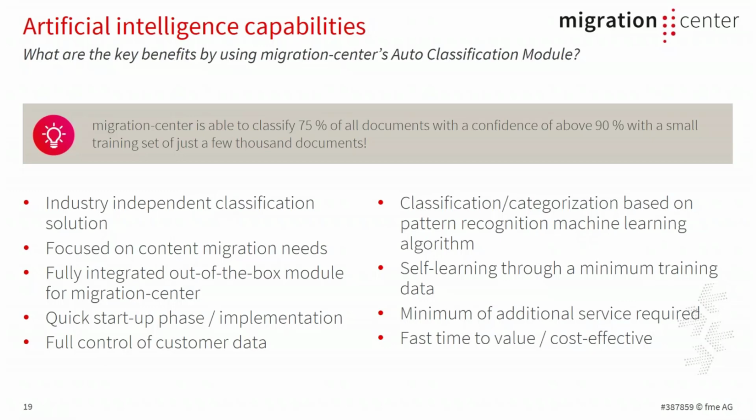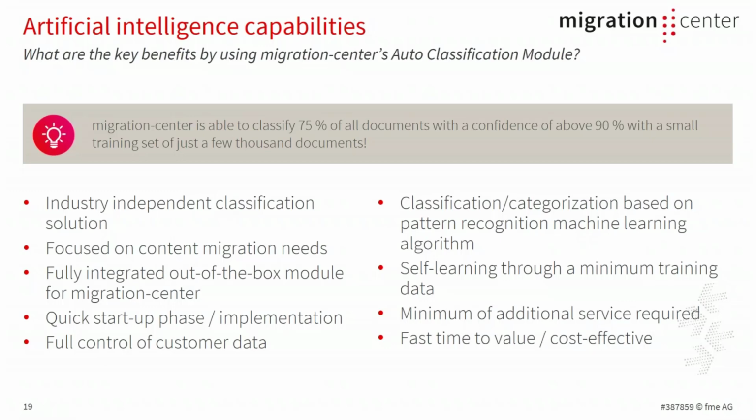Another really important goal was to implement an algorithm which is able to classify documents with a high recognition rate with just a minimum of training data. We are not talking about big data, not terabytes or hundreds of millions of records to train the algorithm. We're just talking about a few thousand.